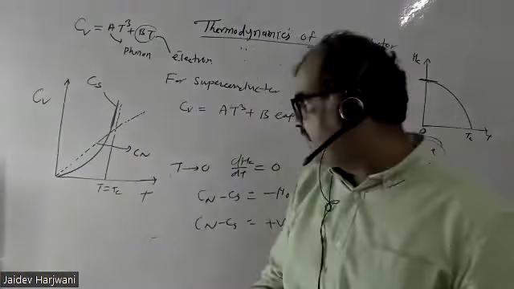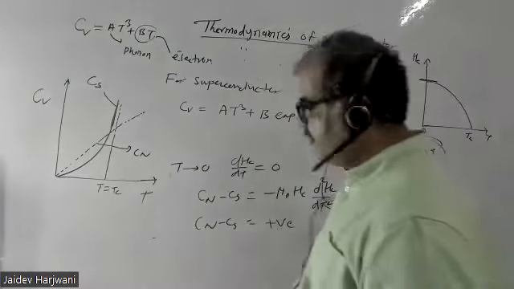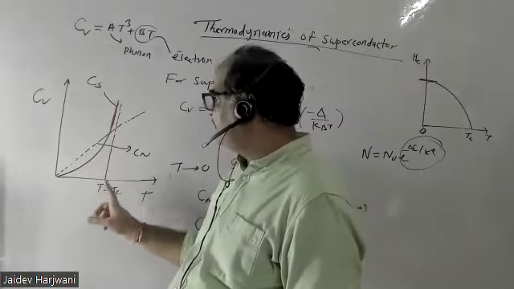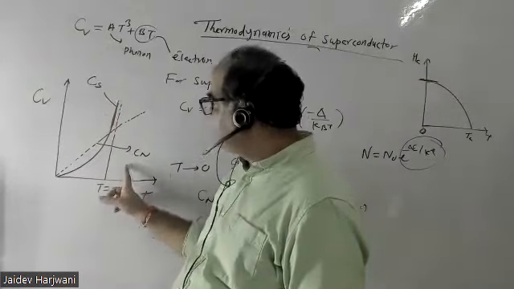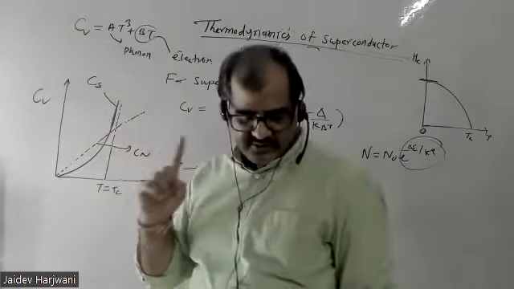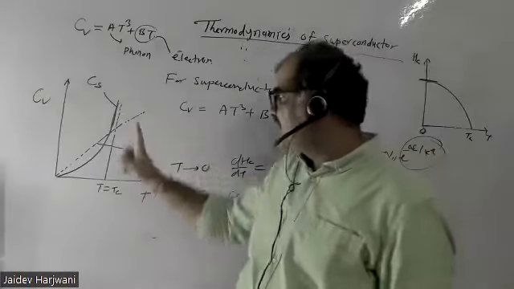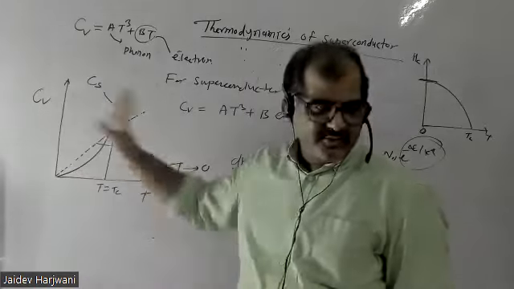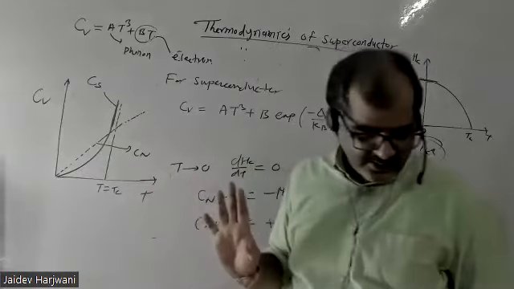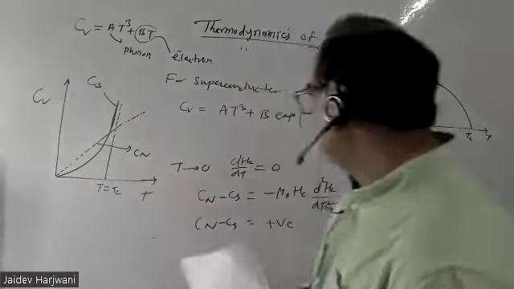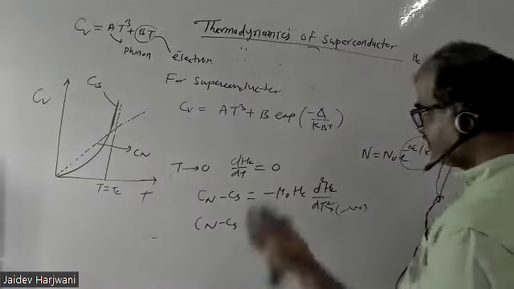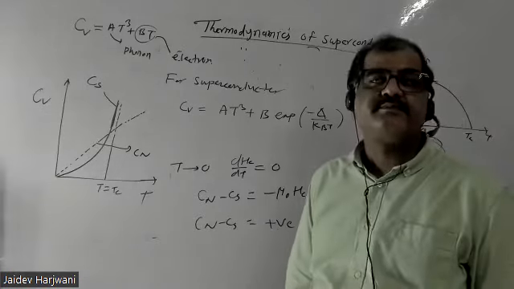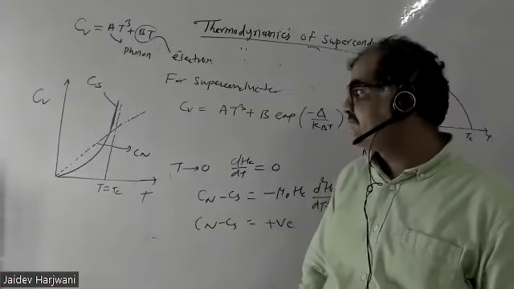So what I'm saying here is that your specific heat is discontinuous at T equal to Tc. At T equal to Tc, the specific heat of the superconducting state is more than the normal state, and near T equal to 0, the normal state has a higher specific heat. That fact you should remember, they may ask in exam. Please repeat what you said in the last.